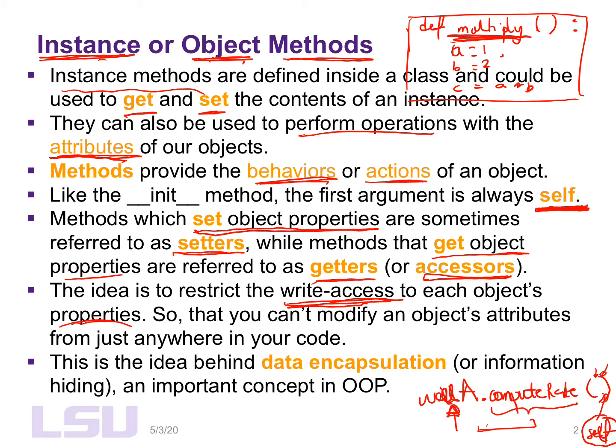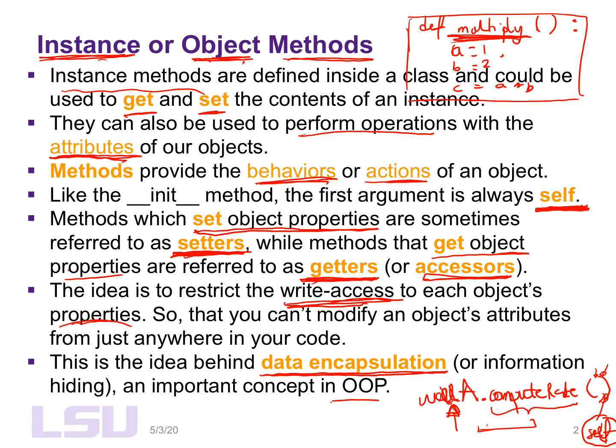So that's the main thing you do with setters and getters. You will modify the object's attributes with a setter. You will retrieve what is stored in the object using a getter. And this is the main idea behind data encapsulation. Encapsulation is one of the three main concepts in object-oriented programming.